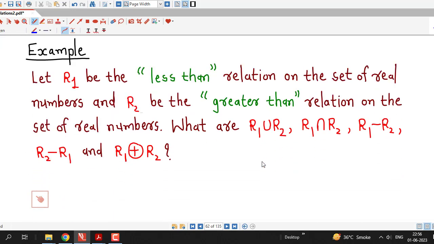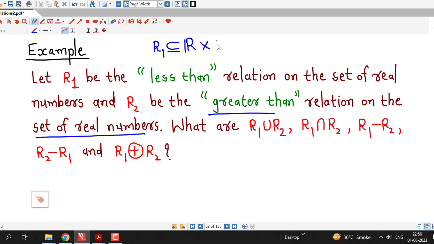Here I have taken this example. Let R1 be the less than relation on the set of real numbers and R2 be the greater than relation on the set of real numbers. That is, R1 and R2 both are defined on the set of real numbers.